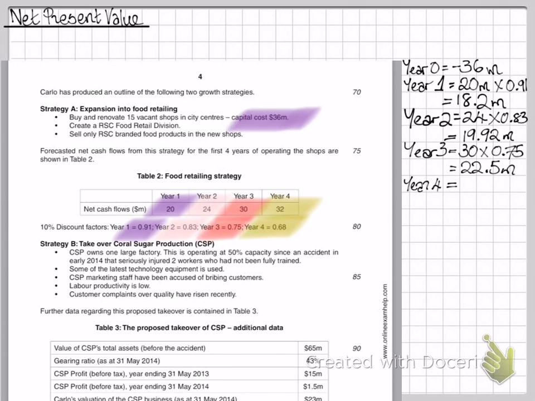So we're going to say 32 million multiplied by 0.68, which will give us 21.76 million.